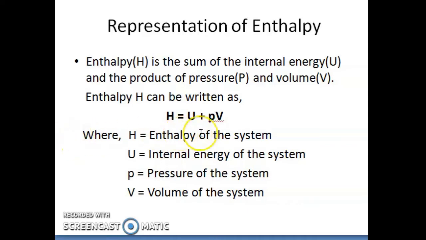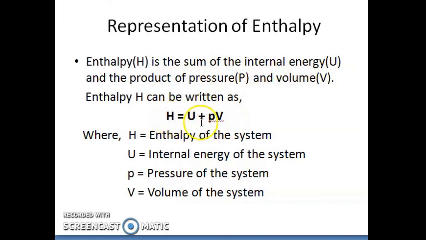Enthalpy H is actually the sum of internal energy and the product of pressure and volume.